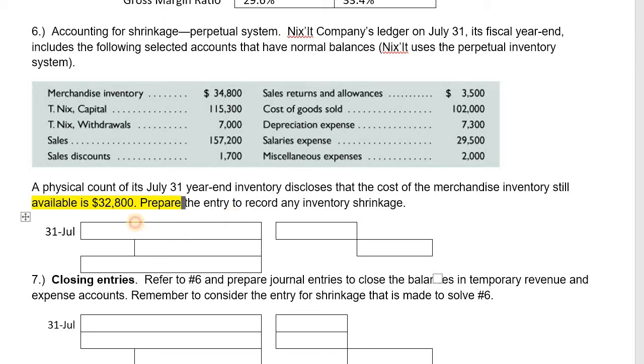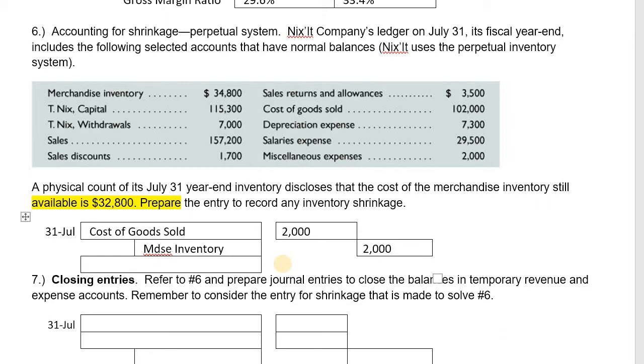That $2,000 becomes additional cost of goods sold. And what are we going to do? We're going to reduce this inventory by $2,000. So merchandise, I don't think I have enough room, inventory, is going to be reduced by $2,000.